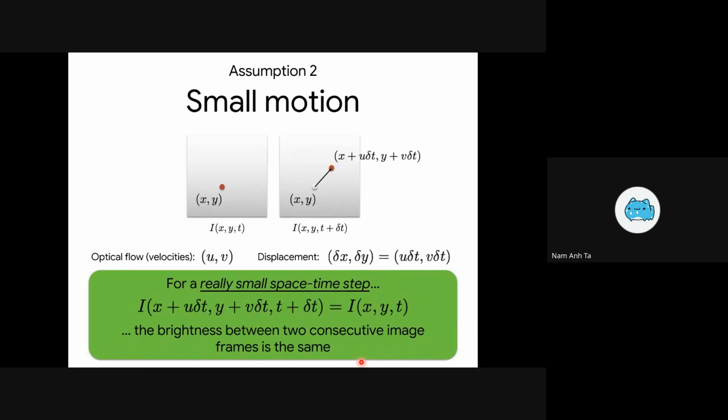Following the brightness constancy, let's look at the second assumption, which is small motion. What is small motion? This means that in two consecutive images, the distance a pixel moves is extremely small. By using this assumption, we can linearize the brightness constancy constraint.